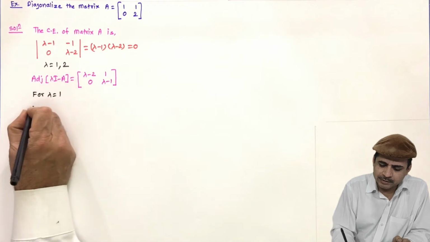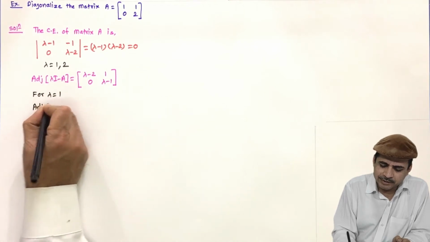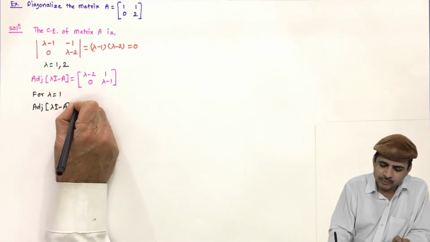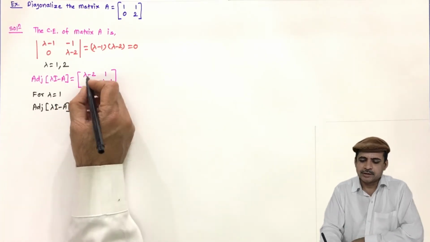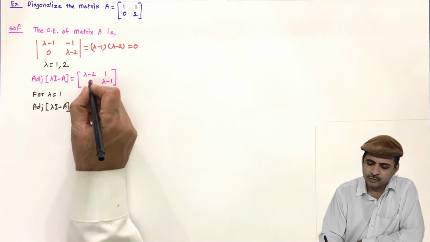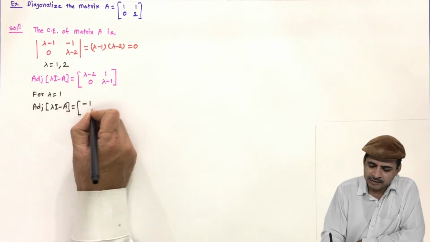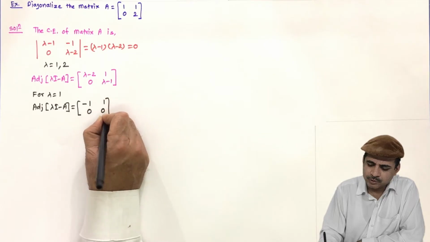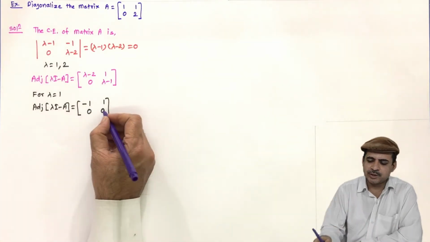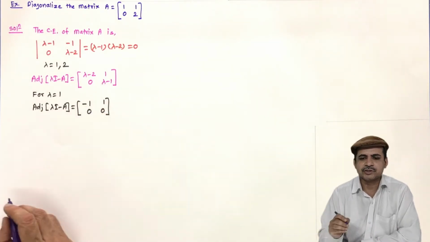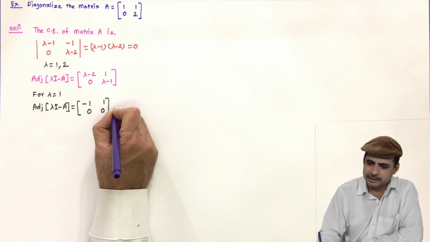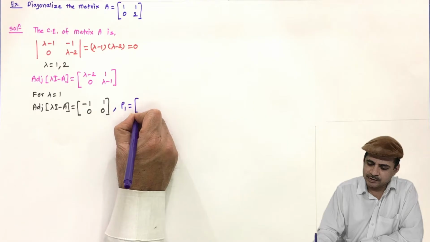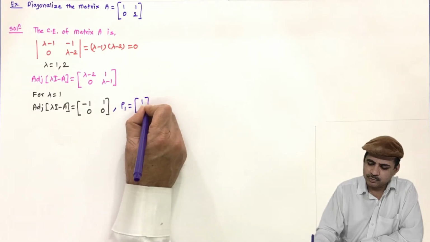For lambda equal to 1, the adjoint of lambda I minus A, if I put lambda equal to 1, becomes [minus 1, 0; 1, 0]. So they are scaled versions of each other. If you multiply this by minus 1, you will get minus 1, 0. And then I get the first eigenvector P1 as [1, 0].